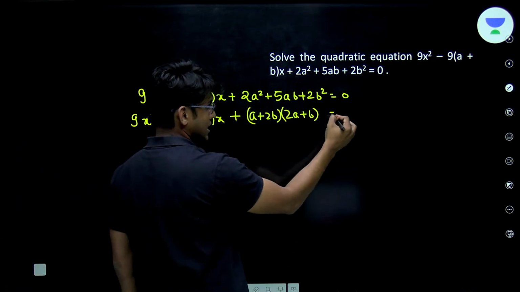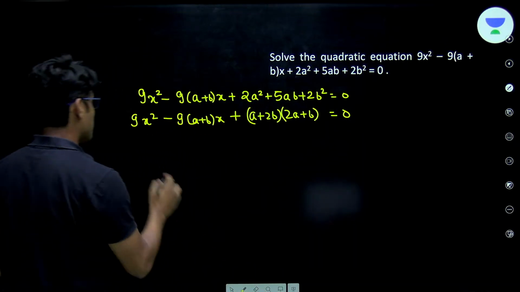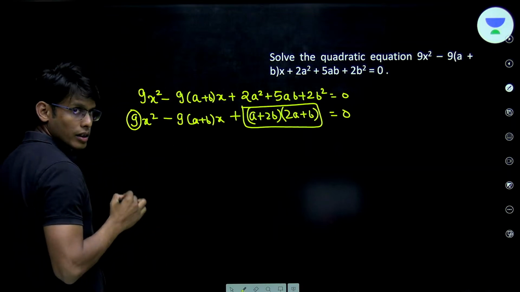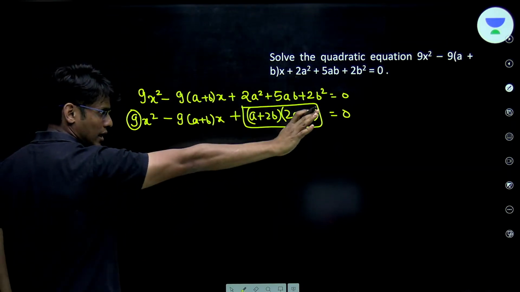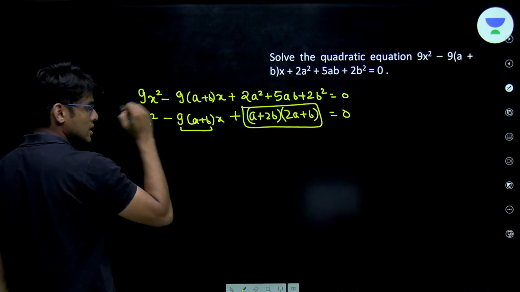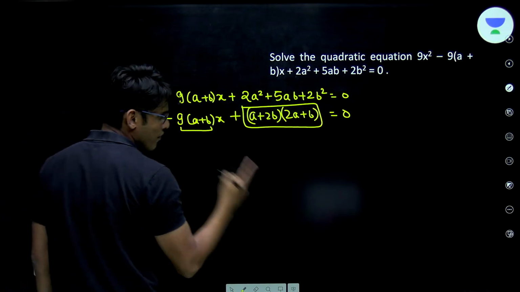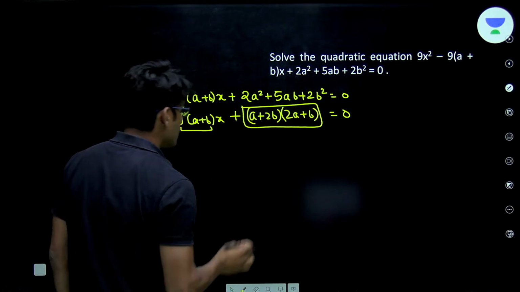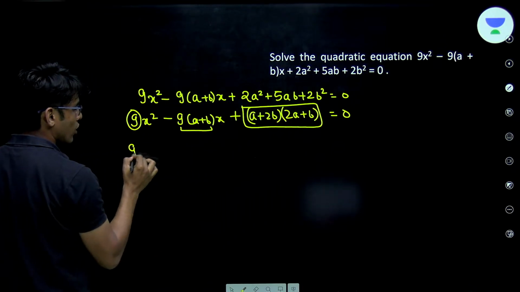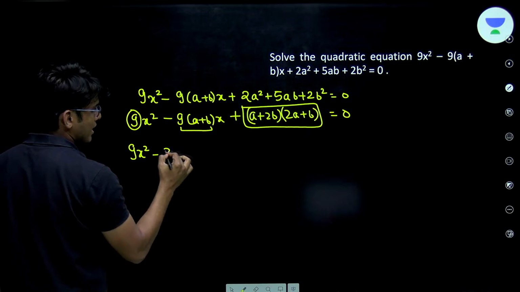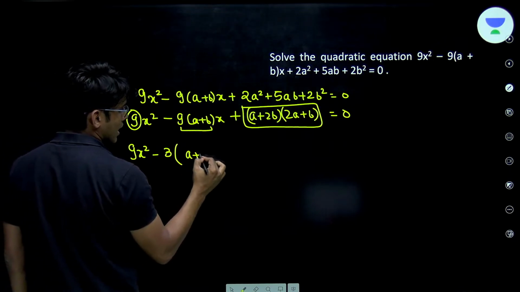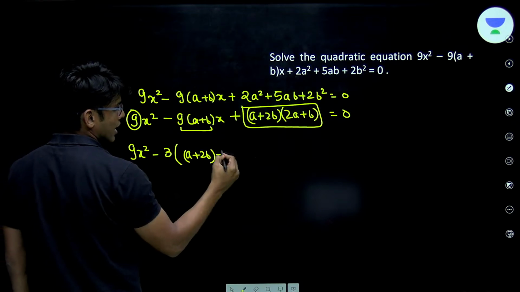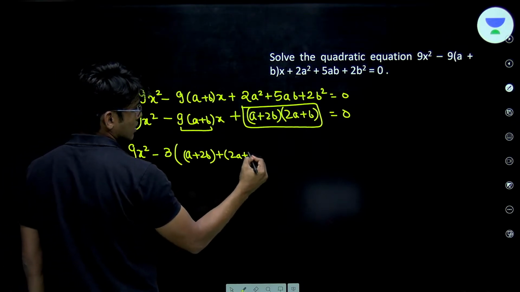At the basic level, the product of these two is one thing, and then you have to split this sum in such a way that you get the product same. So you have a plus 2b here. Now see here what I am going to do. Can I write it as, like I am taking 3 inside and I am writing this as this.